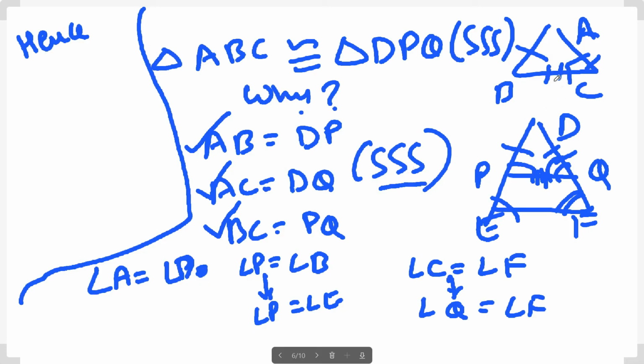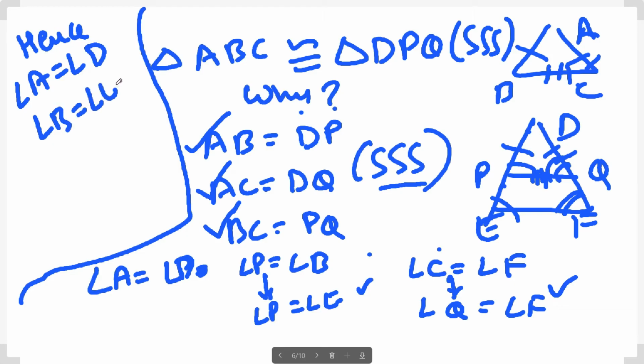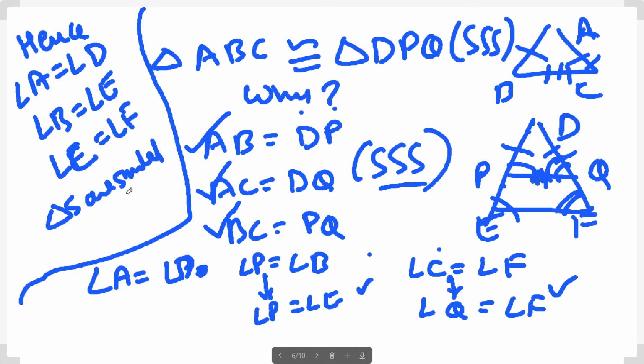So A is equal to D, B is equal to P, C is equal to Q. We already know PQ is parallel to EF, so P is equal to E, Q is equal to F. Hence angle A equals angle D, and for triangles ABC and DEF all the corresponding angles are equal, and hence the triangles are similar. So this is how we prove this theorem.